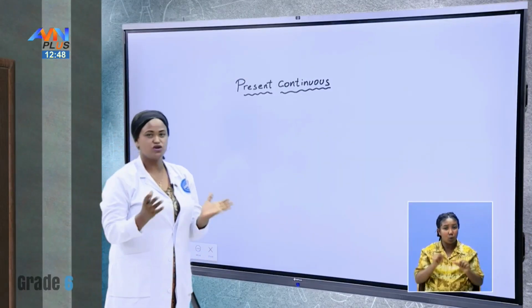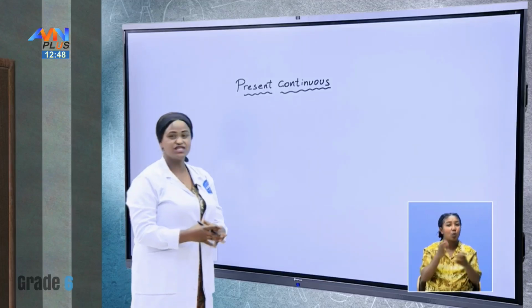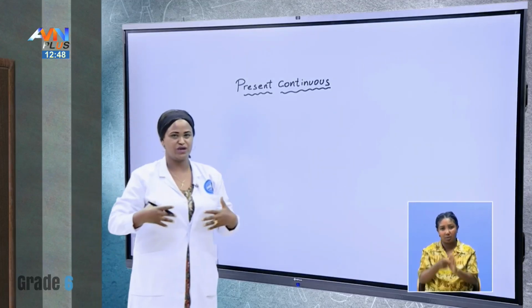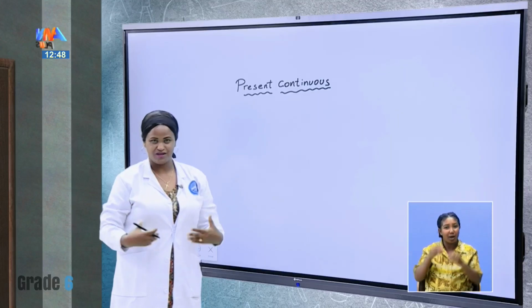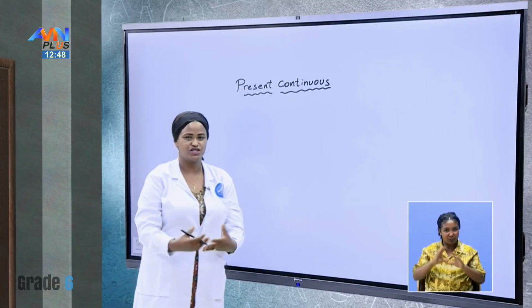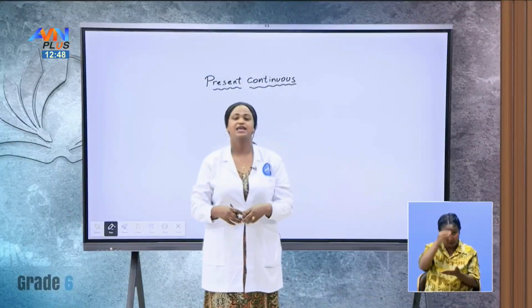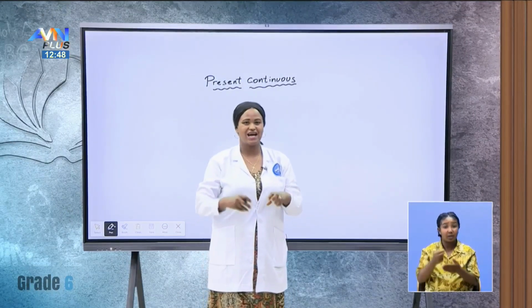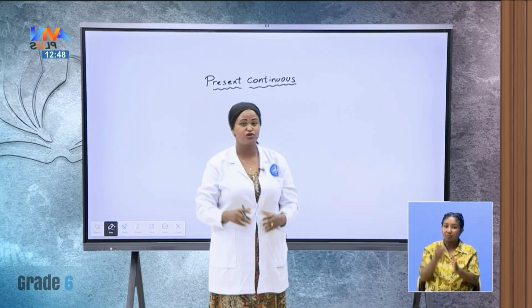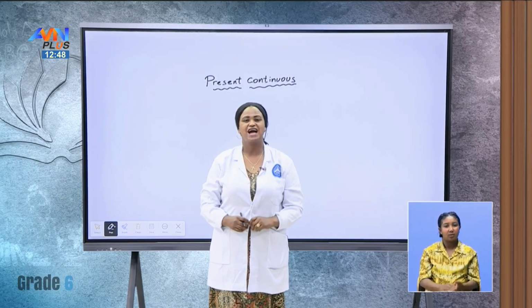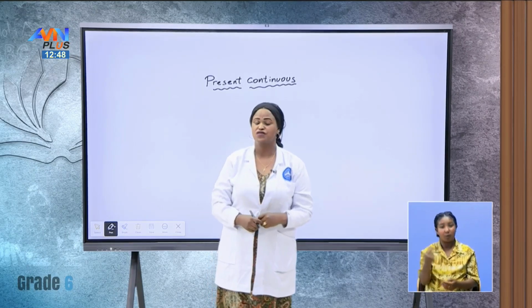Present continuous normally is used to express an action which is happening at the time of speaking. For example, what am I doing now? I am teaching English. What are you doing now? You are learning English. These are activities that are happening at the moment of speaking.